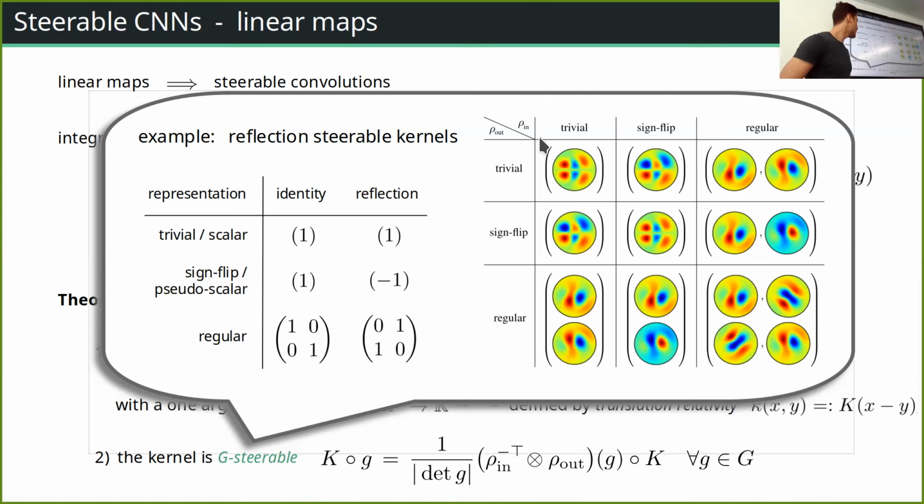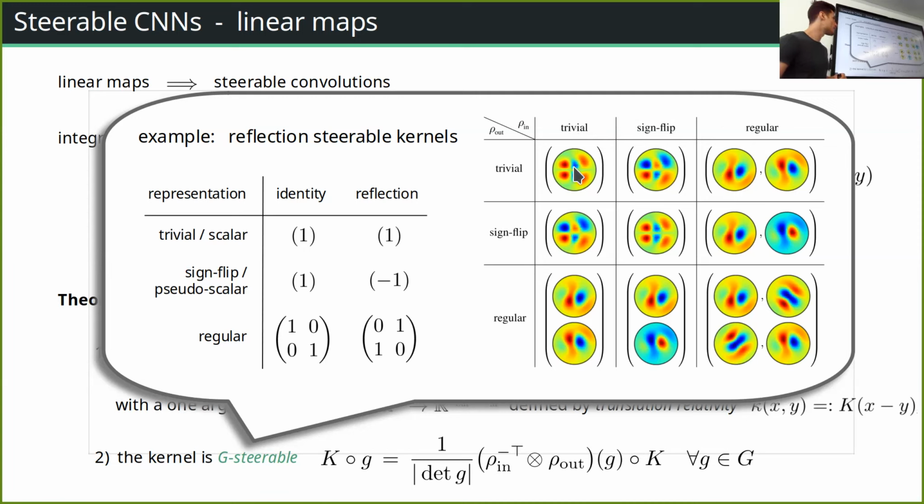So here we have a trivial representation, or scalar fields, and a sign flip representation, which is also one-dimensional, but in physics you would call it a pseudo scalar field, which is a field which, if you reflect it, changes its value to the negative. And we also have regular feature fields, which for the reflection group would have two channels. And if you reflect your image, these two channels would also swap. So we have these three field types as inputs and three field types as outputs.